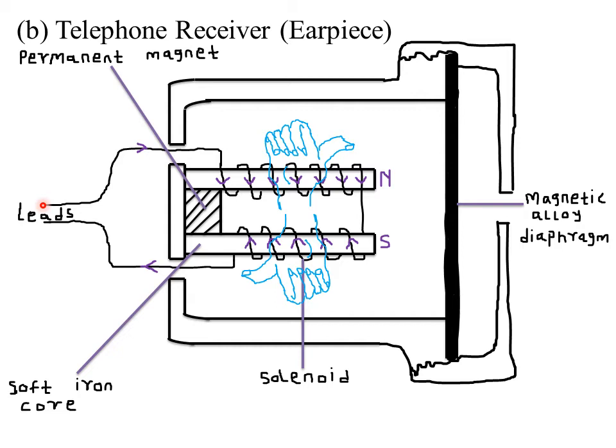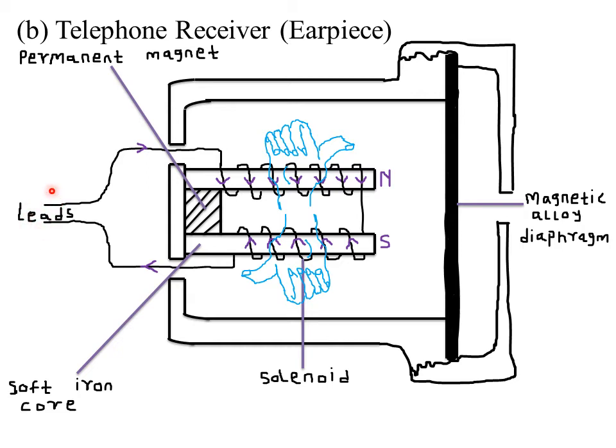Later on we'll see that whenever we make a conductor carrying current vibrate within a magnetic field, then an EMF is always induced. Or when a conductor having no current is vibrating perpendicularly, at right angles, within a magnetic field, then an EMF is induced.